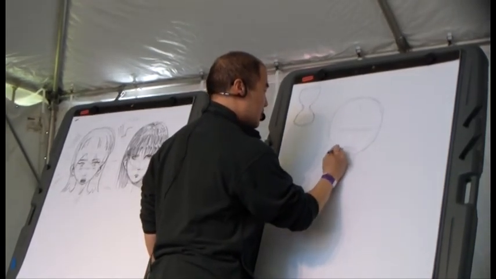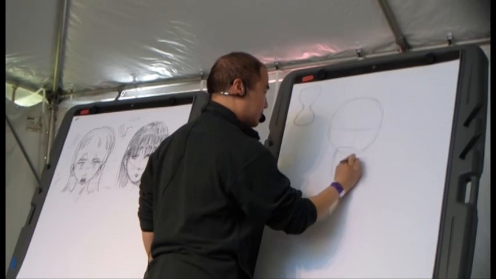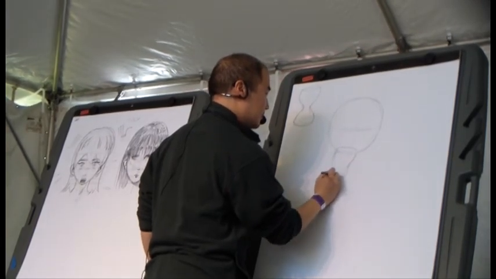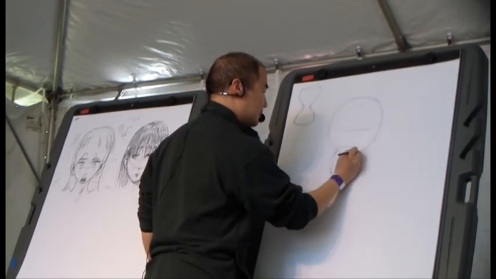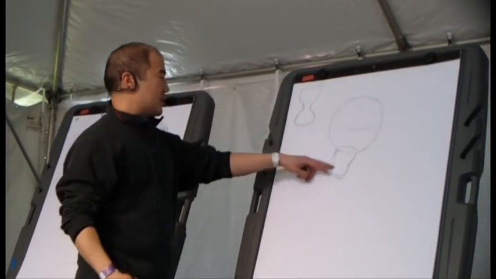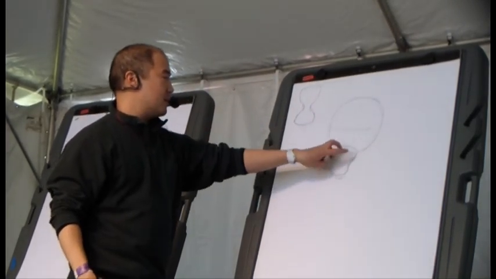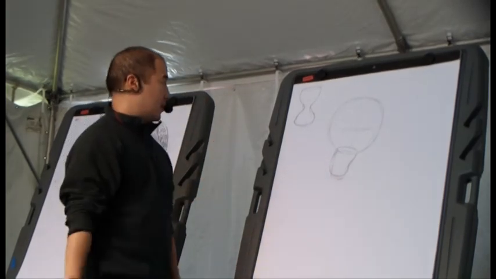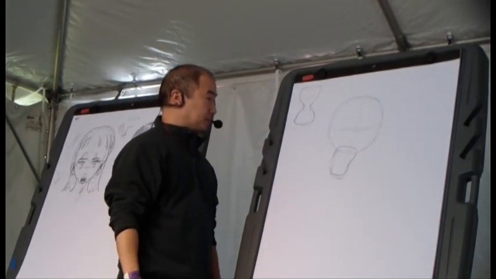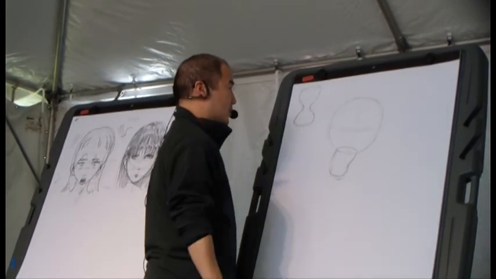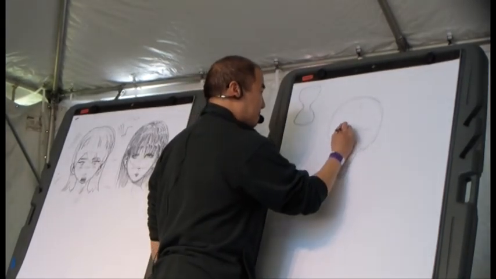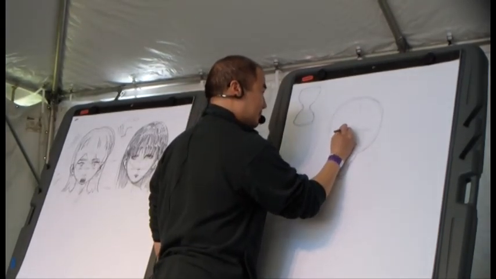I'm making him a little bit more hunched over. Okay. It's a little bit different from this shape, but you kind of get the idea. It's almost a hourglass shape. All right, drawing the eyes.